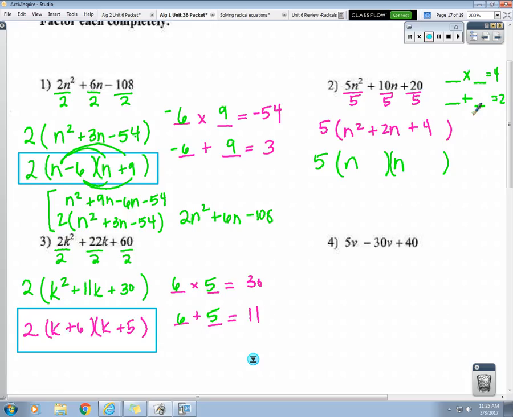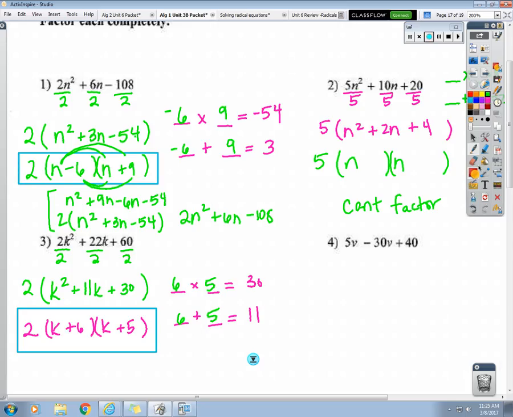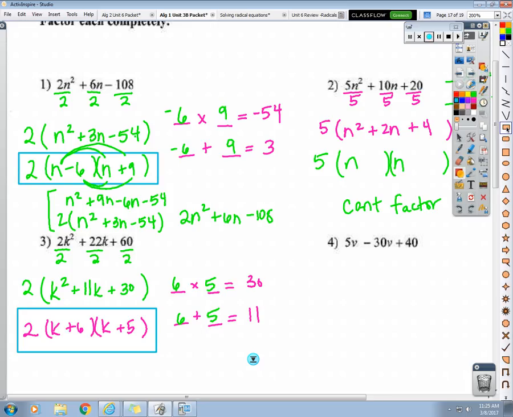There's no numbers to do that, so you cannot factor it. And if you were expected to do a problem like this, more than likely the answer choice would just say can't be factored, or you would just stop right there. Like on free response, you would just stop right there.